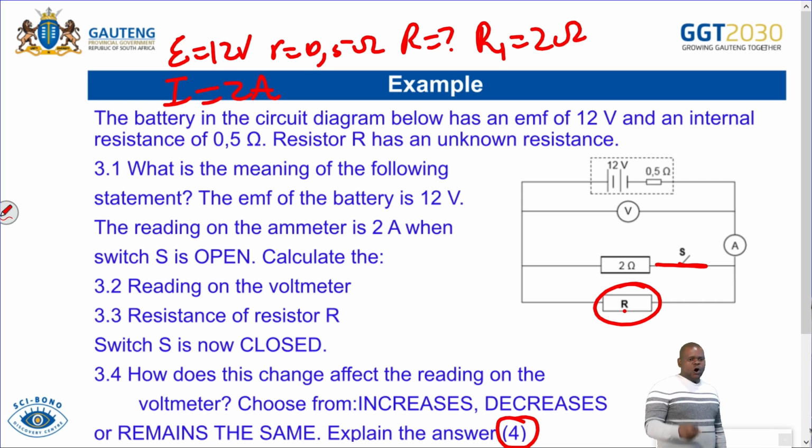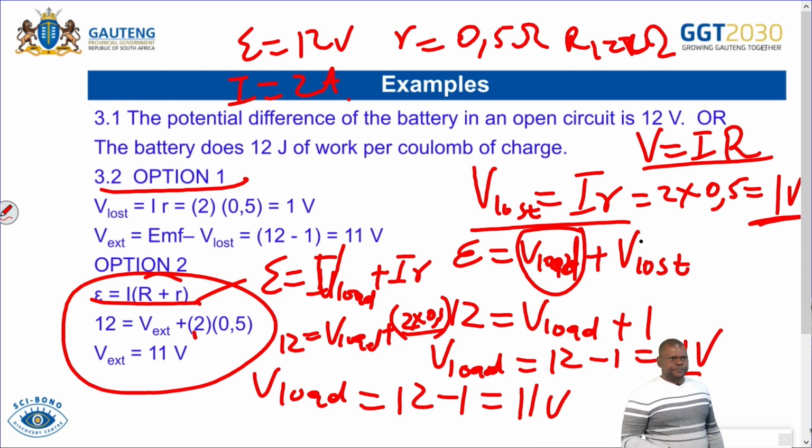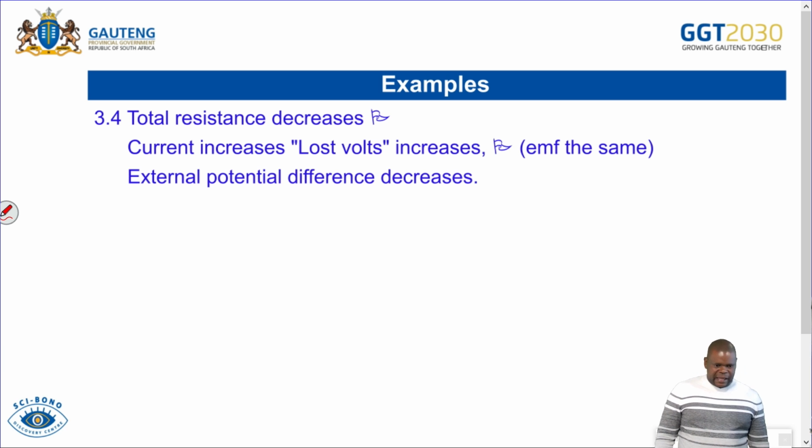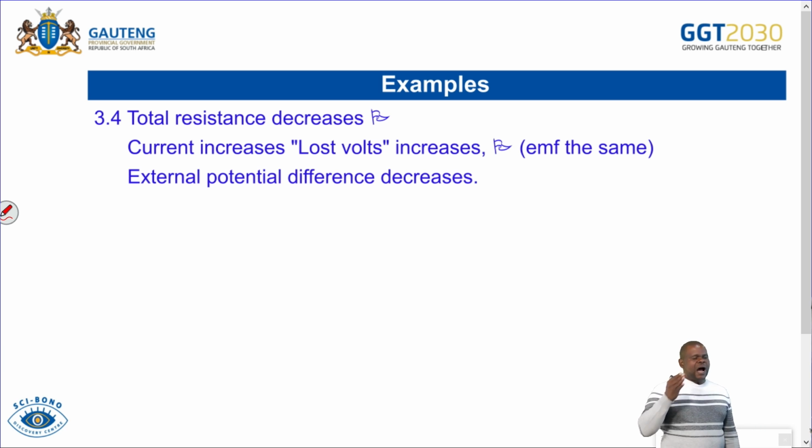And give your explanation. Because when you close the switch, you are decreasing the resistance, and current is increasing.